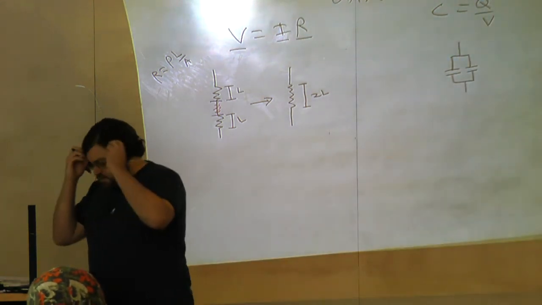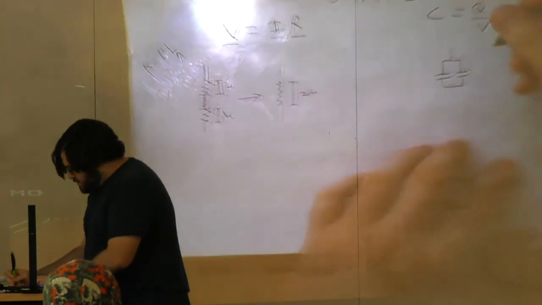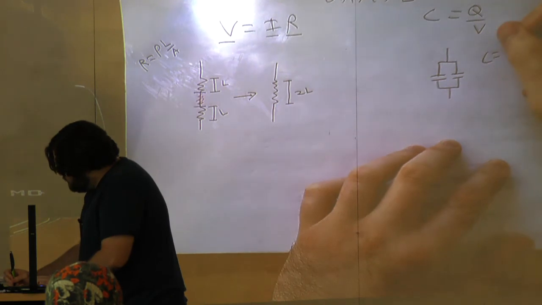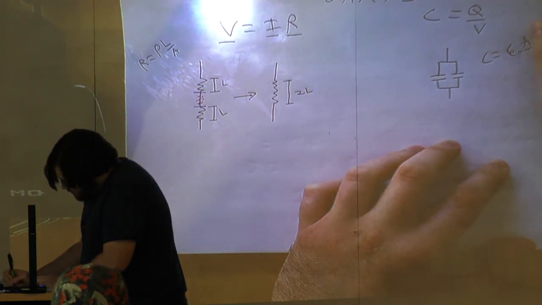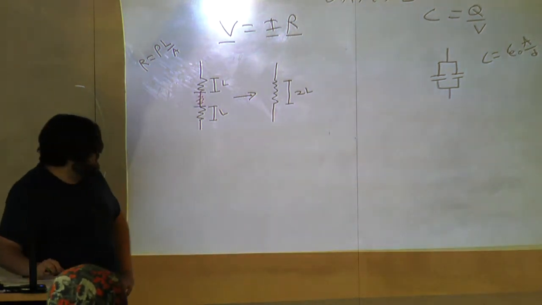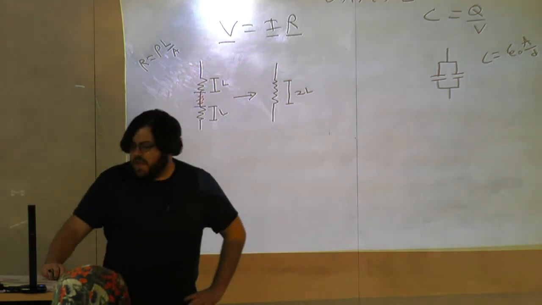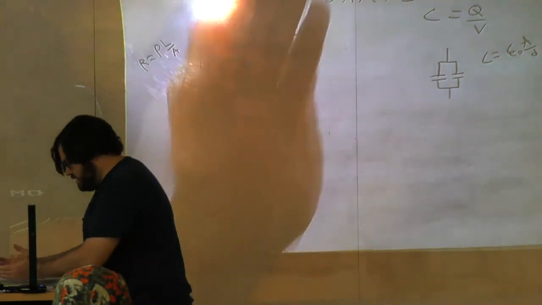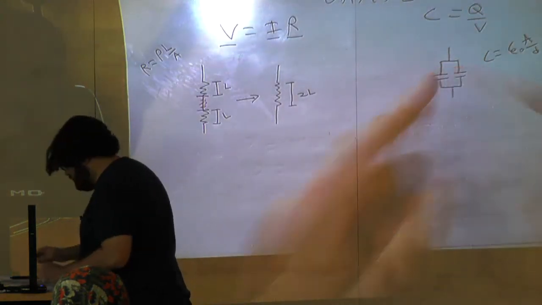There's a similar idea with capacitors. These capacitors are in parallel. Capacitance comes from a constant times A over D. Now, we're going to assume that these capacitors have the same distance between them. Okay? Imagine that I were able to take these capacitors and just push them together until they touch.